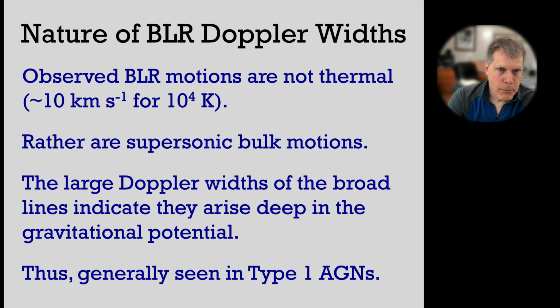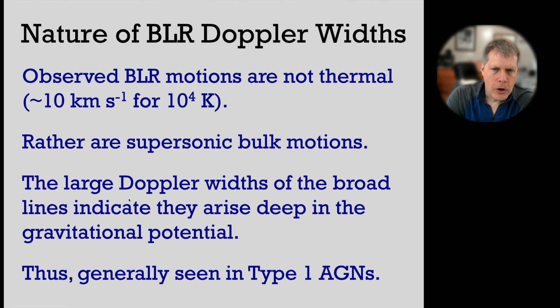And so the motions that we observe, which again are often thousands of kilometers per second, are instead supersonic bulk motions. The gas in there is moving in a bulk flow of some kind, and that is leading to the widths of the lines. Okay, so it's supersonic bulk motions of the gas. It's not thermal motions of the gas.